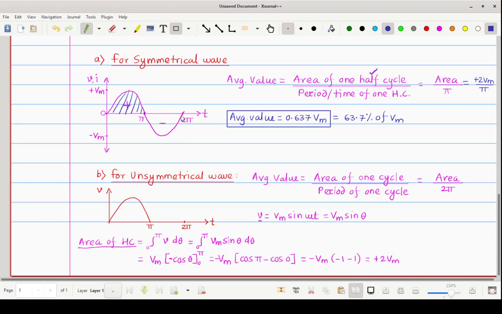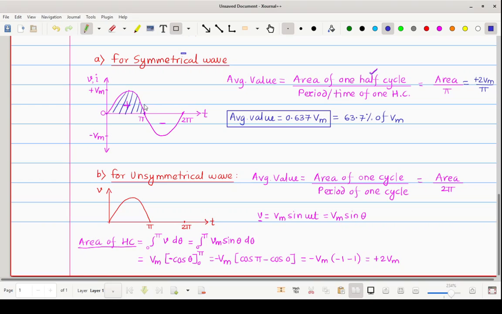Now our next value is the RMS value. Why are we using the RMS value? Because in most cases our signal is a symmetrical signal, and for a symmetrical signal the average value is 0, so you cannot use it. In that case we use the RMS value.